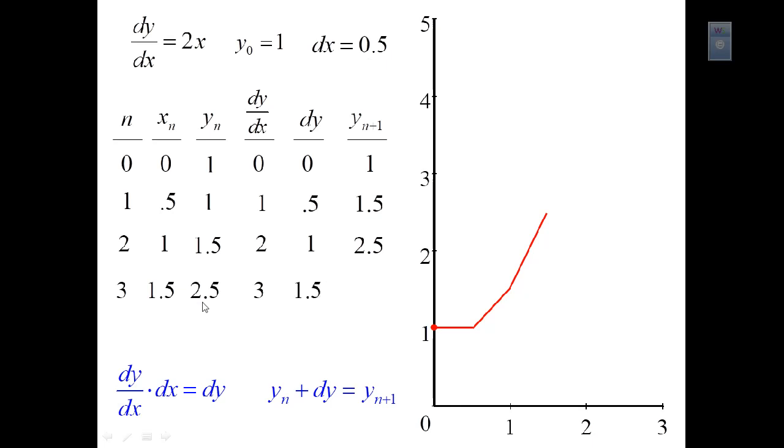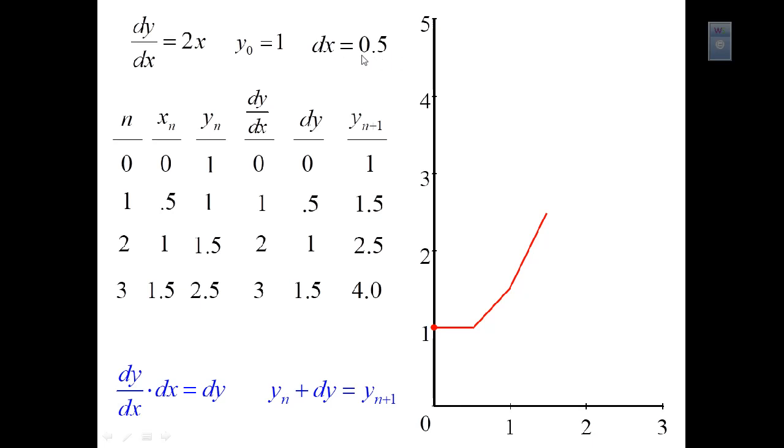And then my old y plus my change in y is going to give me 4. All right, so my next x value is going to be 1.5 plus my dx, that was either given to me in the problem or information was given to me so that I could find what it would be.